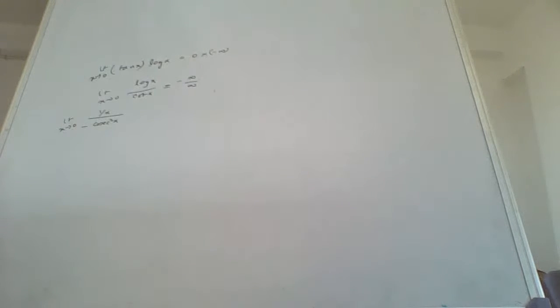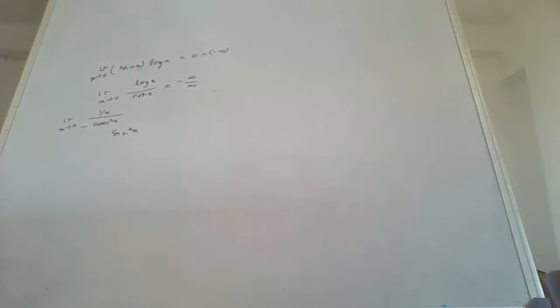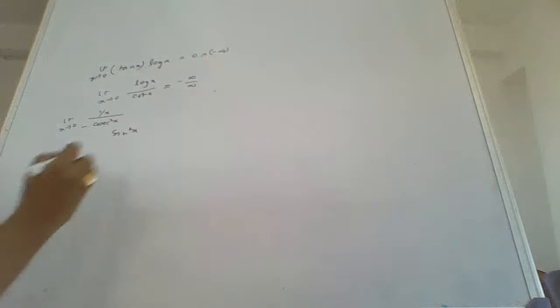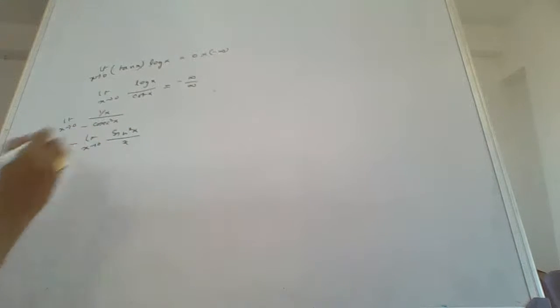Now I can write cosecant as 1 by sine, so this is sine square x divided by x, and this is minus limit x tends to 0.